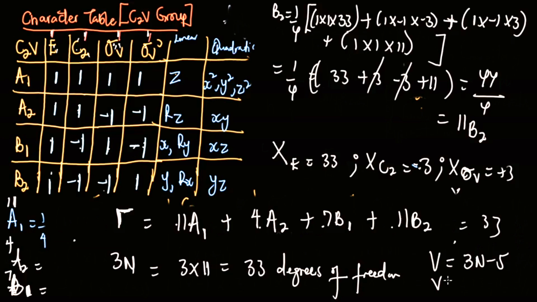But when it is not, it is 3n minus 6. So pyridine is not linear, so we are using this. So V will be 33 minus 6, and that will give us 27 degrees of freedom.